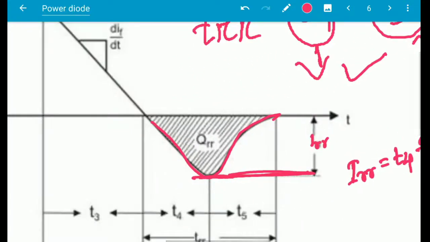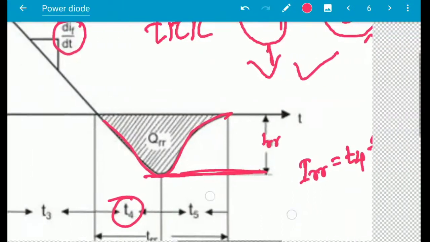That is, T4 is here, and di by dt is the rate of change of current during turn off condition.